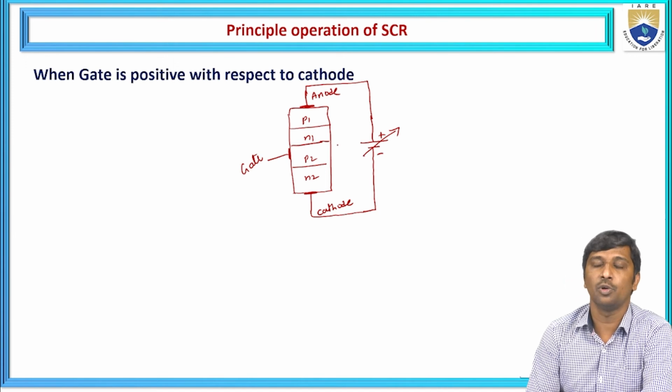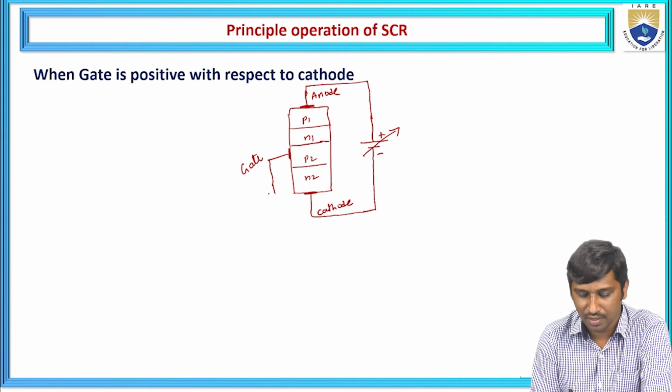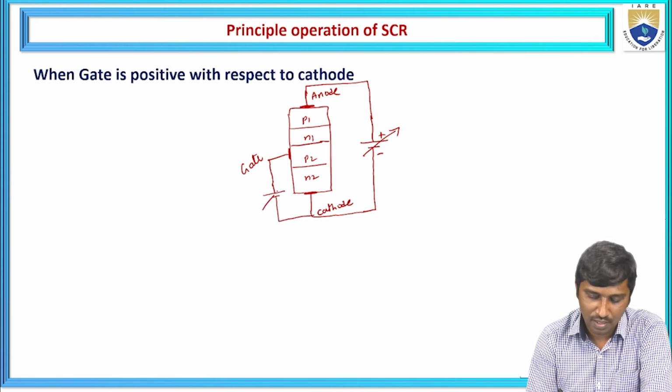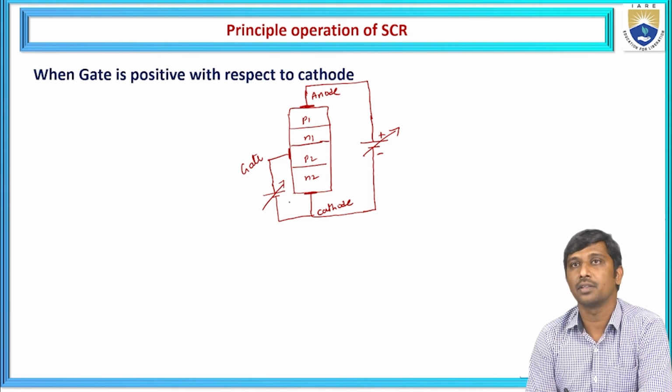Hence, to allow the conduction, we are going to apply a forward bias voltage, a positive voltage with respect to the cathode, through the gate. Now, the positive pole of the battery is connected to the gate with respect to the cathode.